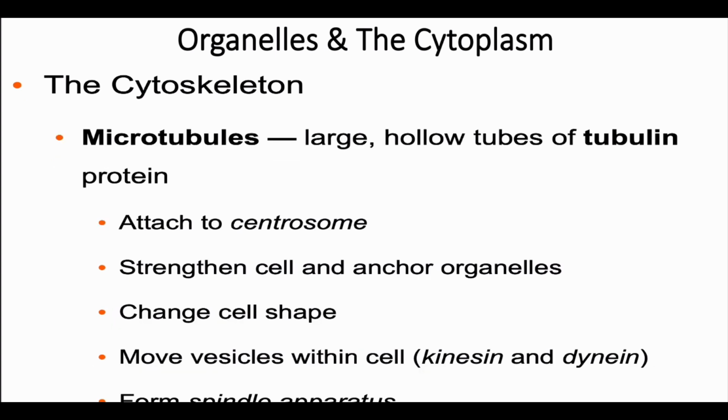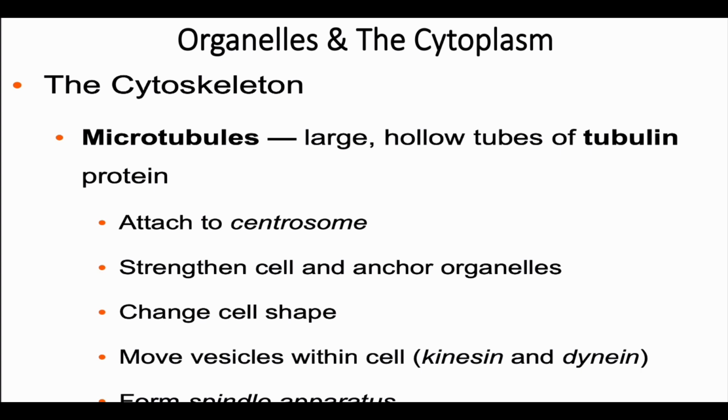The next one, when we spoke about microtubules, these are large hollow tubes of the protein called tubulin. So tubulin, you can pronounce this however you like. This is the protein that forms microtubules. And along with intermediate filaments and microfilaments, they're part of the cell skeleton, and this is what helps determine the overall shape of a cell.